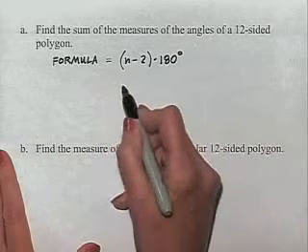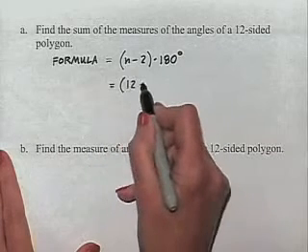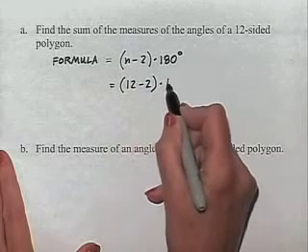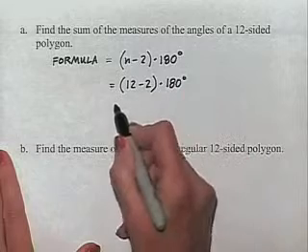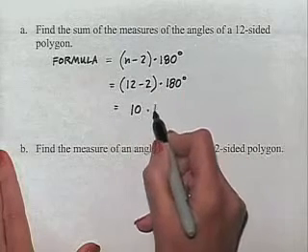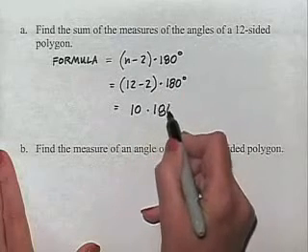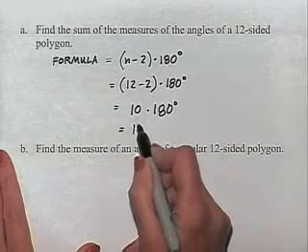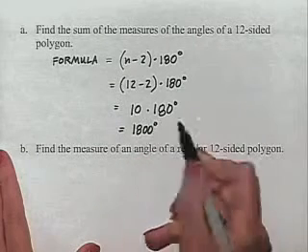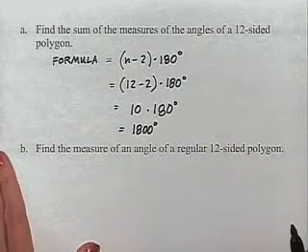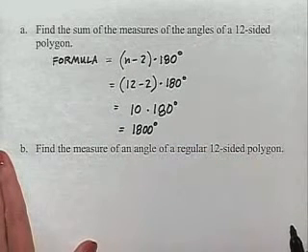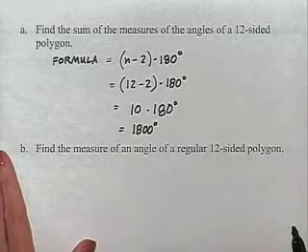So we're going to have 12 minus 2 multiplied times 180 degrees. That's going to be 10 times 180 degrees. And multiplying gives us 1800 degrees as the result. In part B, we're asked to find the measure of an angle of a regular 12-sided polygon.